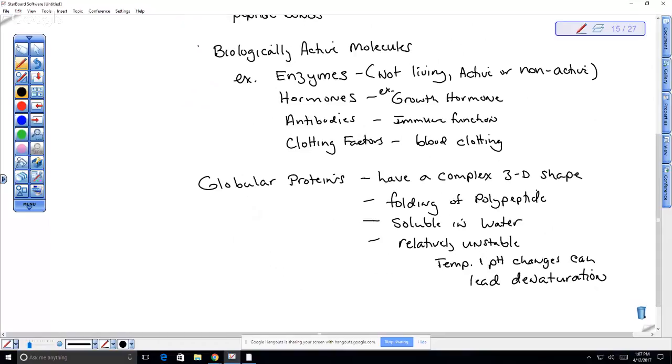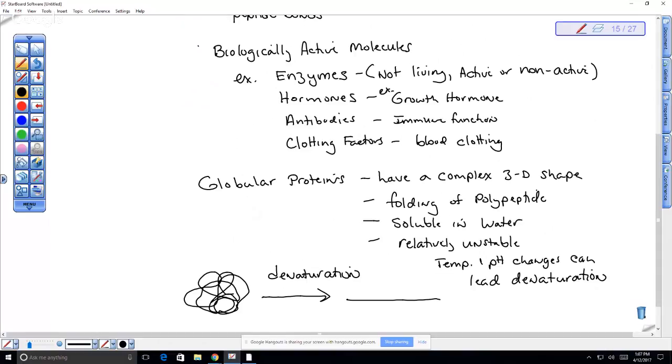Okay. So if I drew my complex three-dimensional, this is my globular protein, right? If I denature it, it just turns into a long strand. Okay, so this would be denaturation.